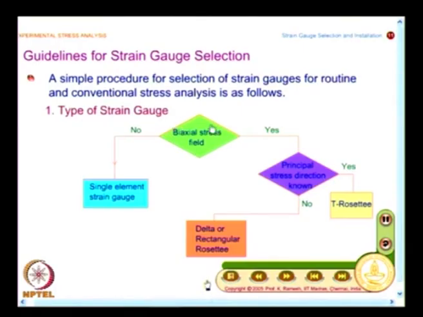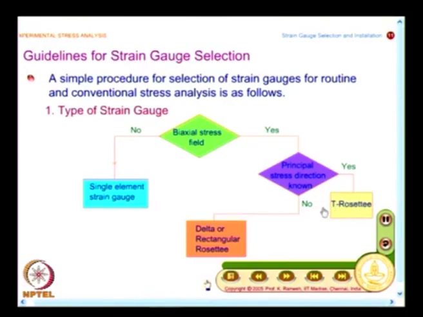If the answer is no, it tells me it is enough I use a single element strain gauge. On the other hand, if the answer is yes, then I need to ask the other question, do I know the principal stress direction? If I know the principal stress direction from my brittle coating test, I can use a T row set. 2 strain gauges are sufficient, and you are going to occupy 2 channels.